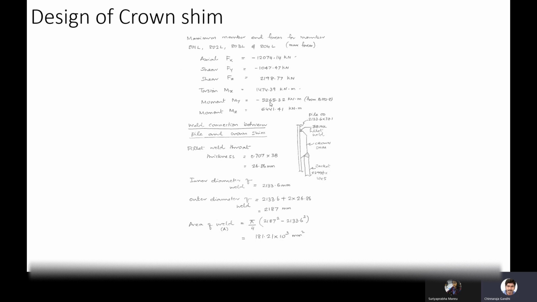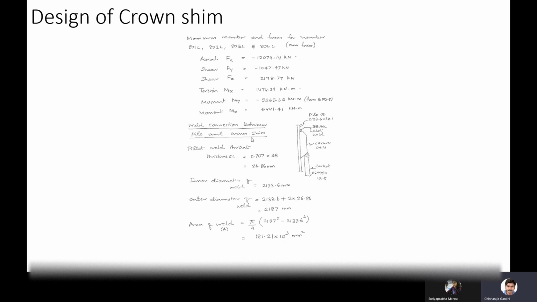This can be either 100-year or 1-year. If it is 100-year, we increase the stress by 1.33. If it is governed by 1-year, we should not take 1.33.